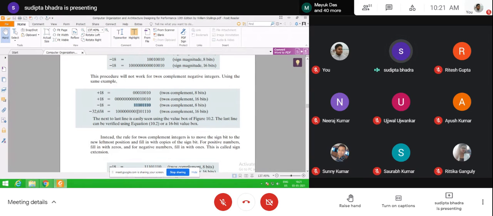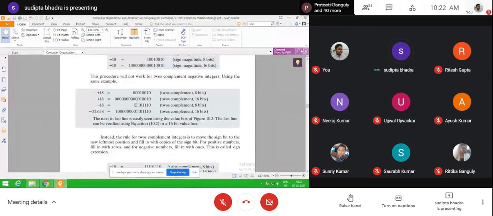Previously it represented 110, now also it represents 110, but the 1 which was present at the 7th bit, the representation of minus 128, is shifted to the 15th bit.